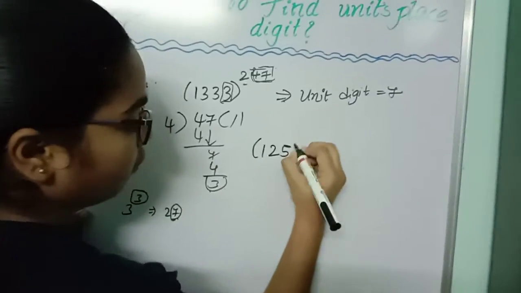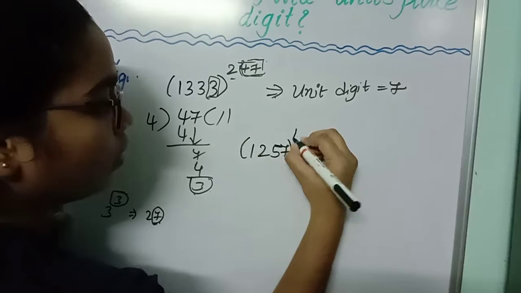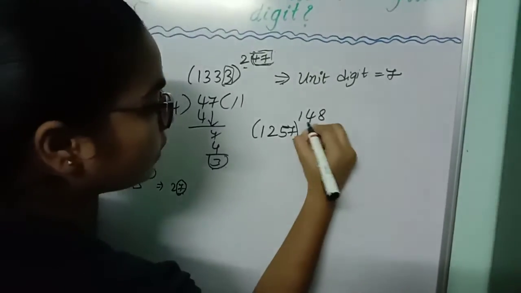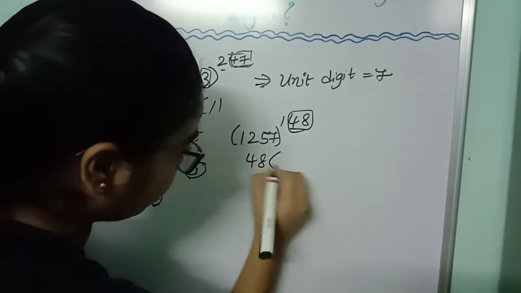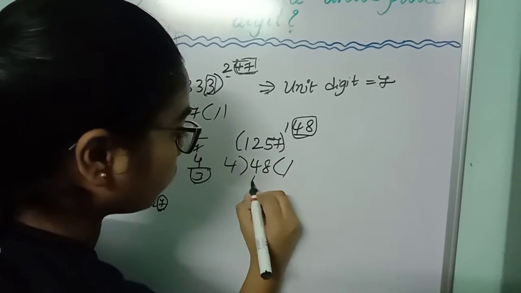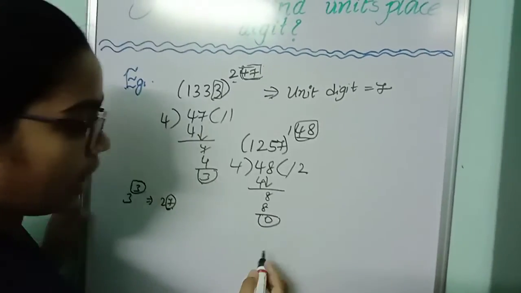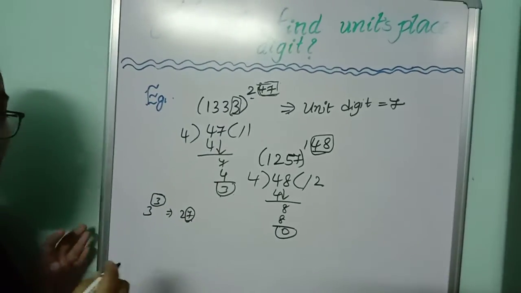Now let us see another example. 1257 whole power 148. Here the last 2 digits are 48. 4 1s are 4, 4 2s are 8. Here you may have a doubt: if the remainder is 0, what do we have to do?